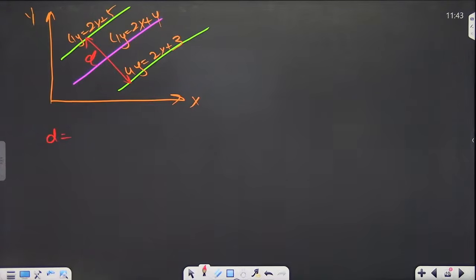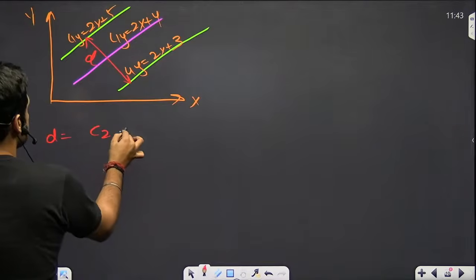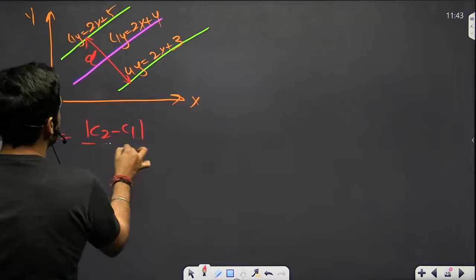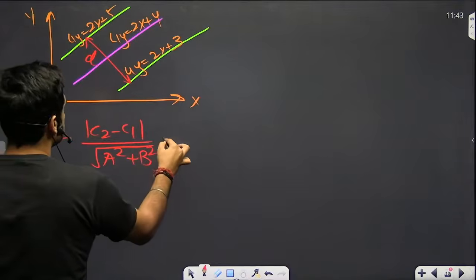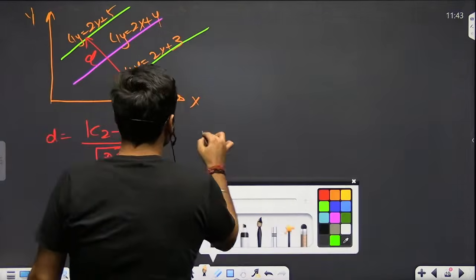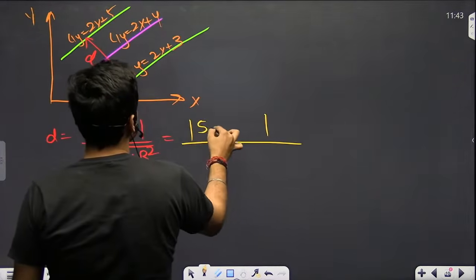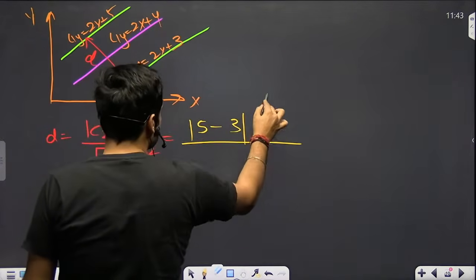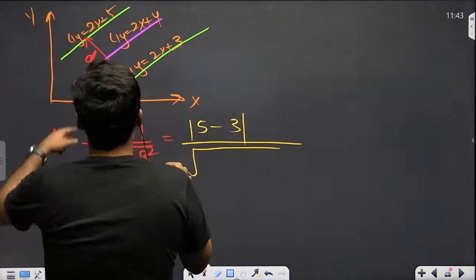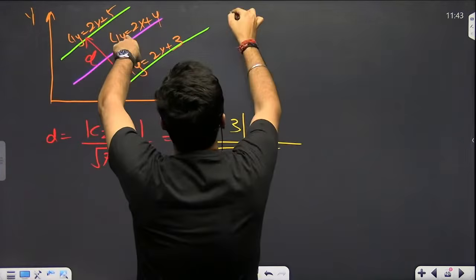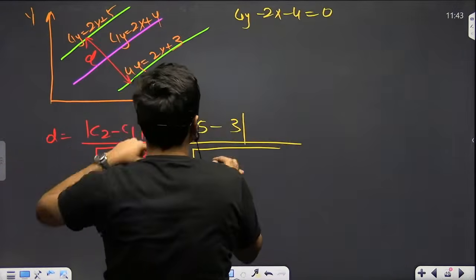So the formula is mod of c2 minus c1 upon under root of a square plus b square. So what is c2 minus c1? That is 5 minus 3, mod, upon under root of a square plus b square. I'll first convert this into this form: 4y minus 2x minus 4 equals 0.